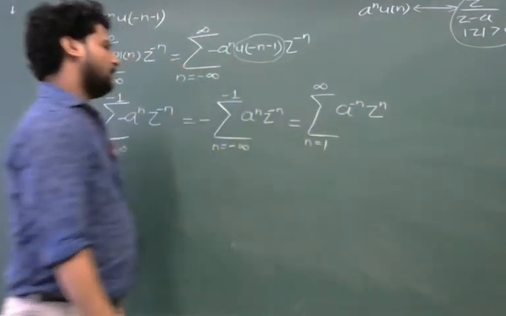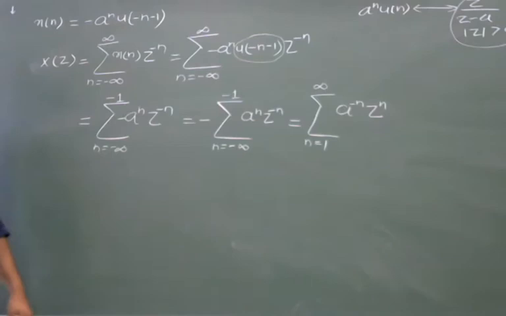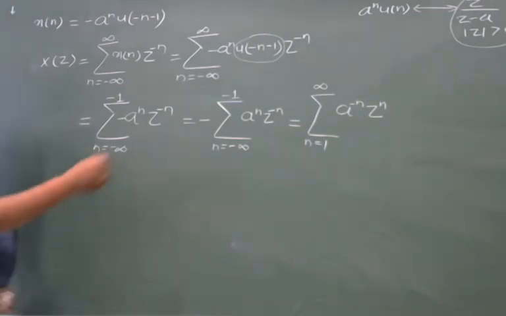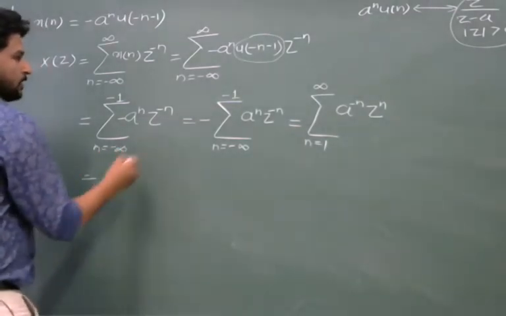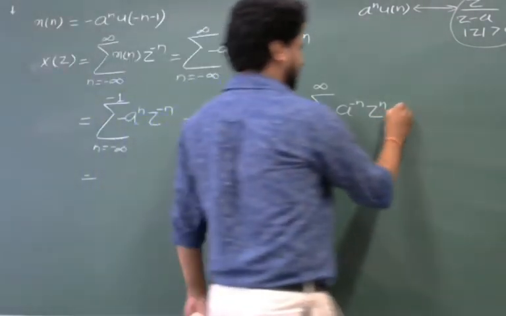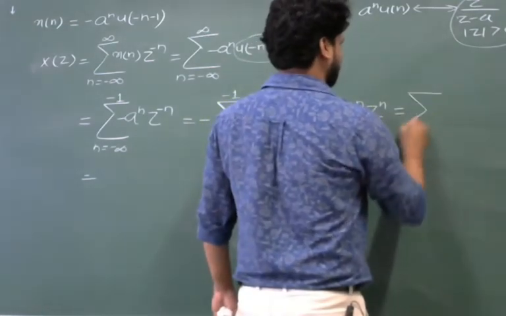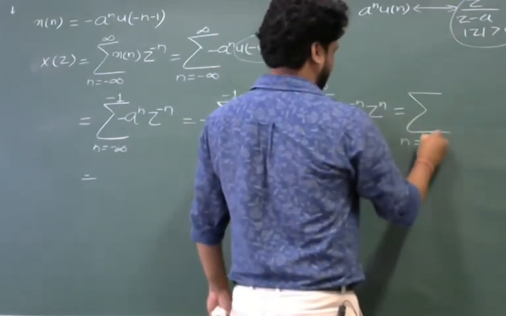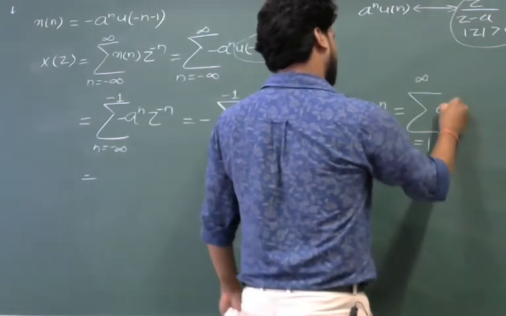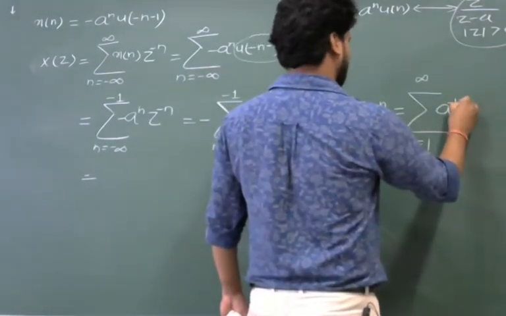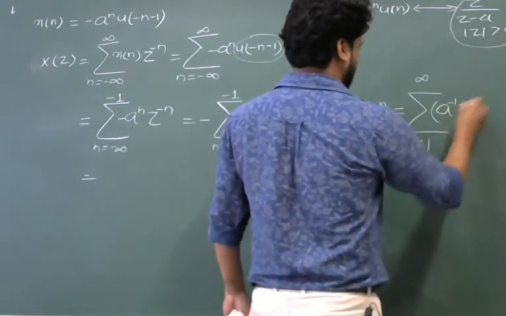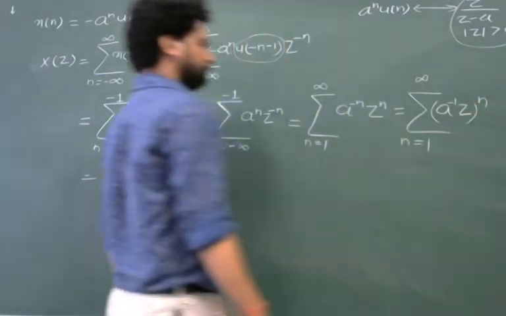Now what we have to do is put all the values of n starting from 1 to infinity. We can simplify it further in one step. This will become n from 1 to infinity a power minus 1 z power n.